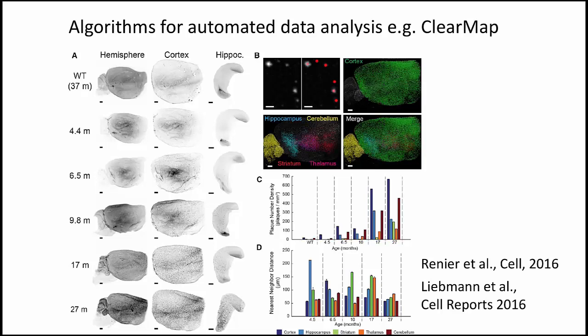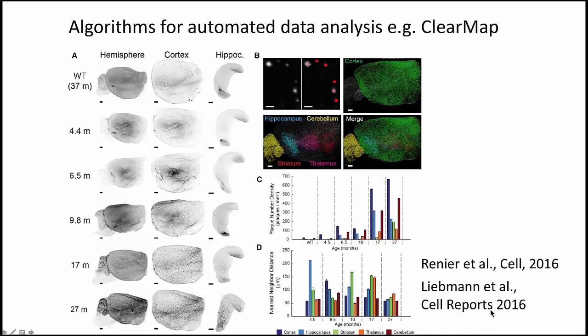What they did was to register the scans of the whole mouse brain into the Allen Brain Atlas, and then they could get a microarray-like readout, where you can see the numbers of cells, and in this case the plaques, in different regions of the brain.